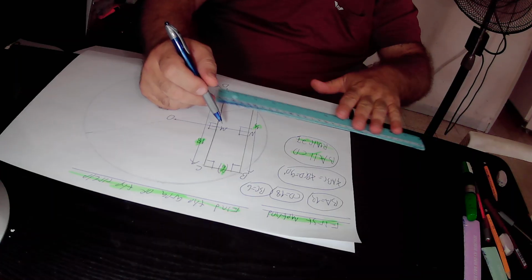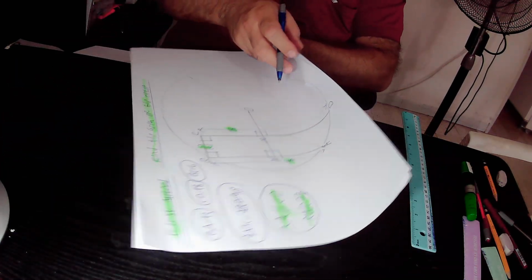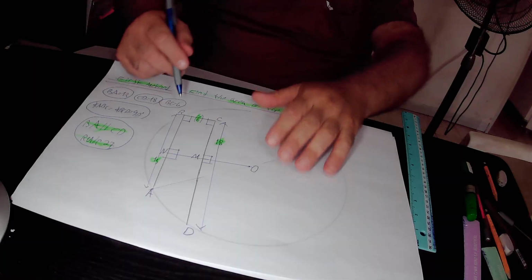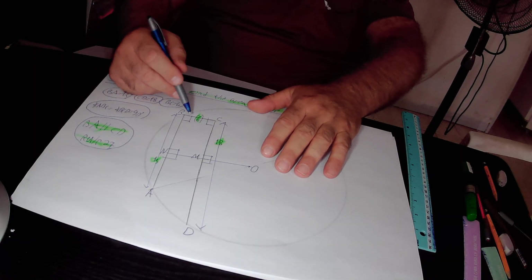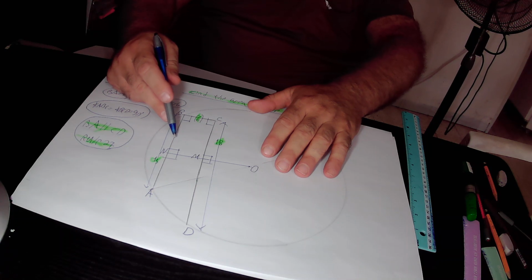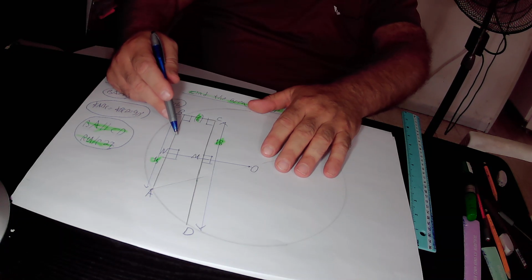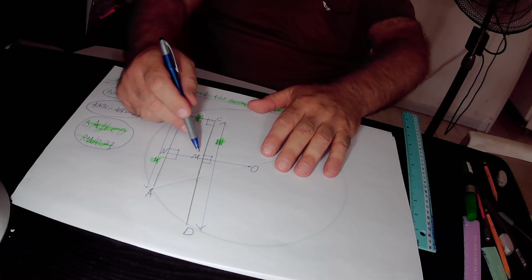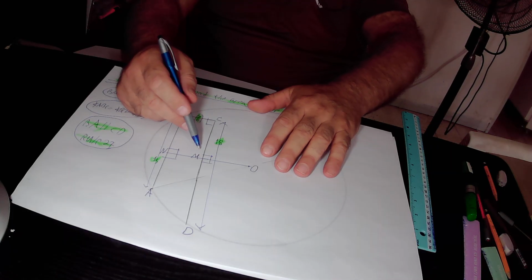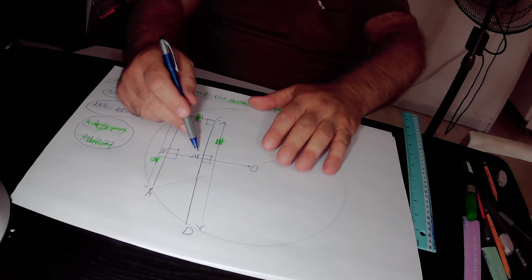So by doing this construction, we created quadrilateral BCMN. Inside quadrilateral BCMN, we have 1, 2, 3 right angles. The sum of 3 right angles is 270 degrees. So 270 degrees plus the size of this fourth angle, in total they must equal 360 degrees, according to the rule that the sum of the angles in any quadrilateral is equal to 360 degrees.